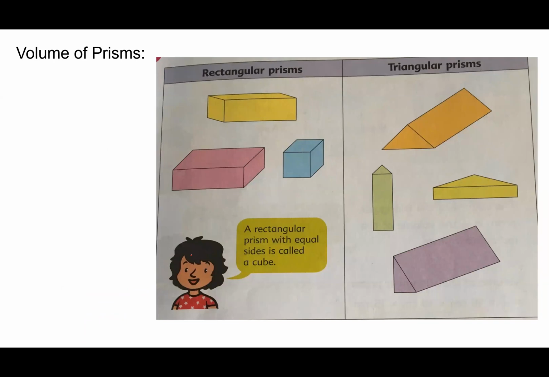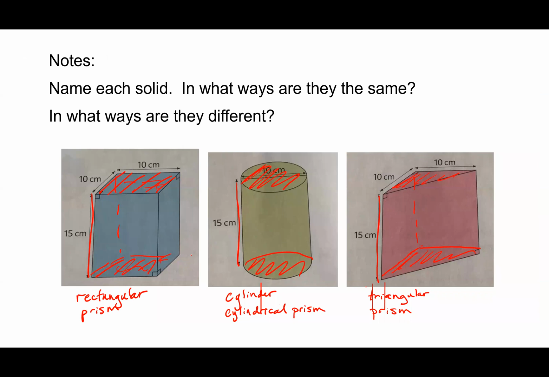Did we all get those answers on the bottom? You should have answered same and different on that page, and you should have written down the names for these figures. So what was the same was that they all had a height of 15 centimeters. What was different is that their bases are different shapes. And then make sure you have written down the names of these, please.